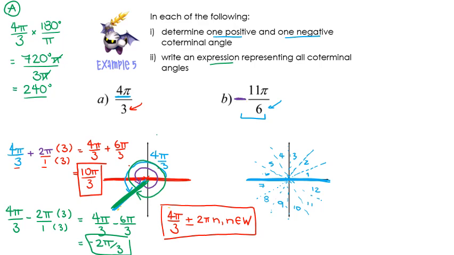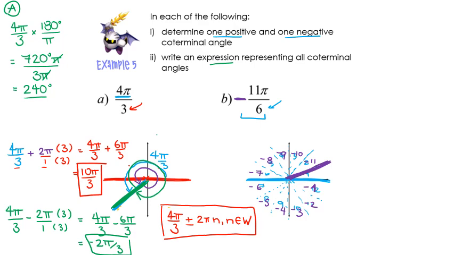Now, we're also going in the negative direction. So if I have a negative 11 pi over 6, I'm going to renumber these. So this would be negative 1, negative 2, negative 3, negative 4, negative 5, negative 6, negative 7, negative 8, negative 9, negative 10, and negative 11. So this purple line right here is going to be my terminal arm.